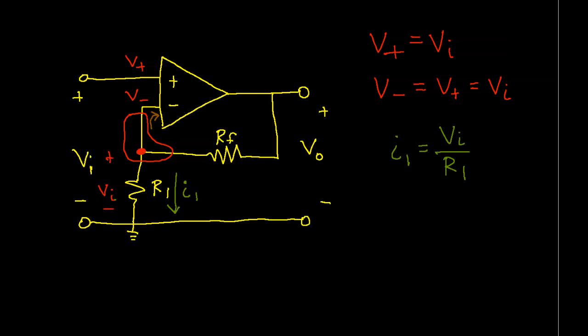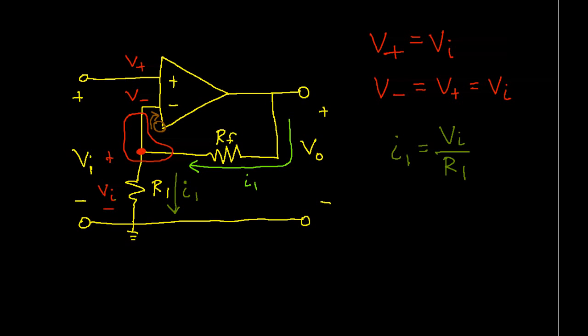The current going into the inverting input is 0. That's part of the assumption of the ideal op-amp model. So that means that all of the current that goes through I1 has to come down out of the output of the op-amp and through RF. The current through RF is the same as the current through R1.